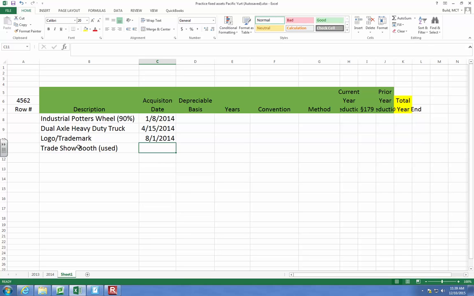Used booth, those things are expensive. I buy that as I get ready again to go to my first trade show.